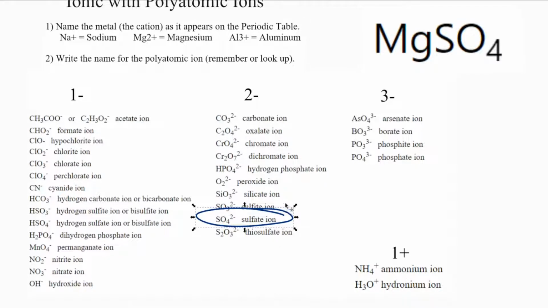You see this all the time. Give it a try. See if you can write the name for MgSO4. Personally, I think that these ones with polyatomic ions, naming them is the easiest, because we're just going to write magnesium.